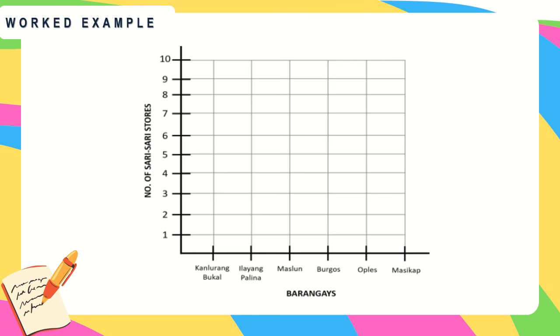Just like the illustration given. In the horizontal line, we have the Kanlurang Bukal, Ilayang Palina, Maslun, Burgos, Oples, and Masikap. And for the vertical lines, we labeled it as the number of sari-sari stores.